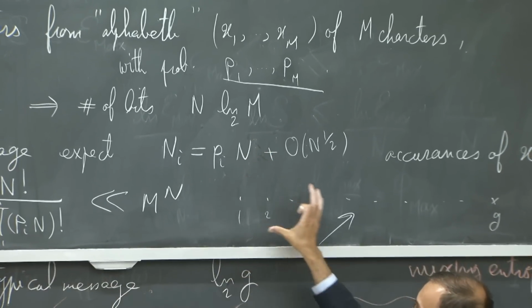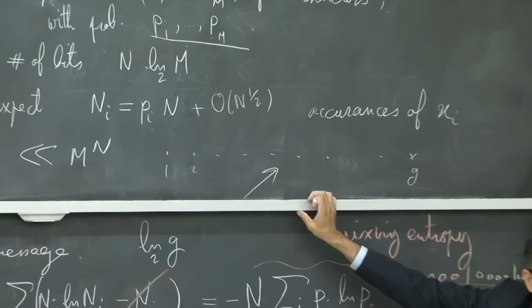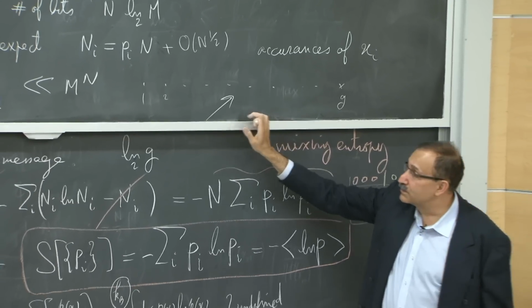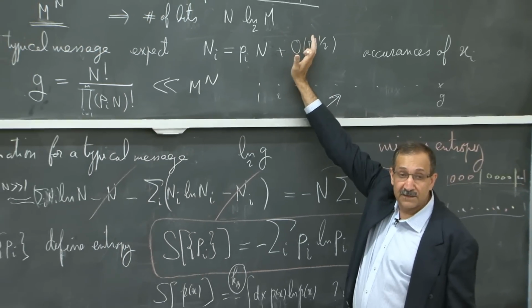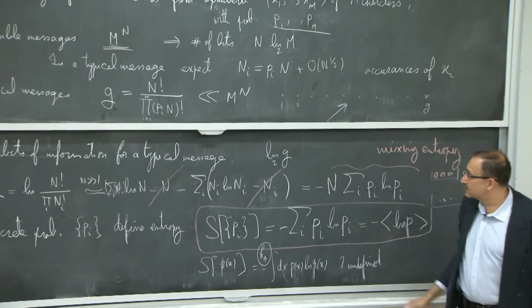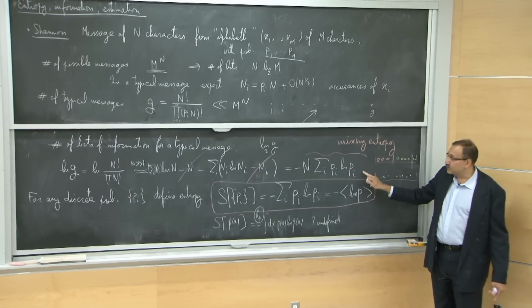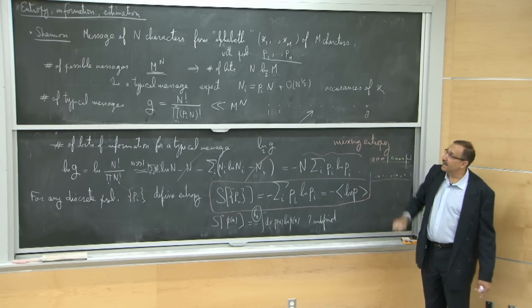But if I somehow constructed the right scheme, and the person that I'm sending the message to knows the probabilities, then I need to send this amount of information, which is actually less than n log m.